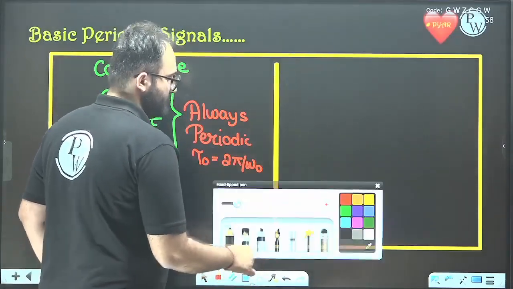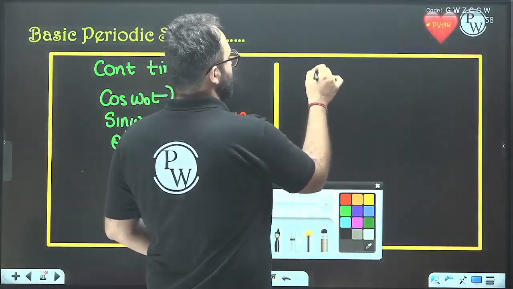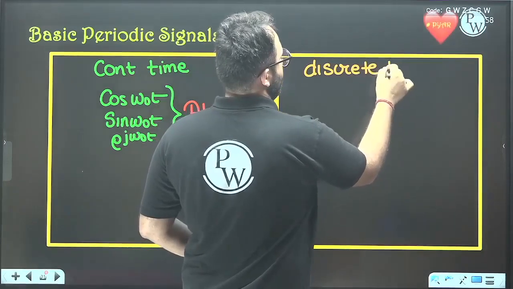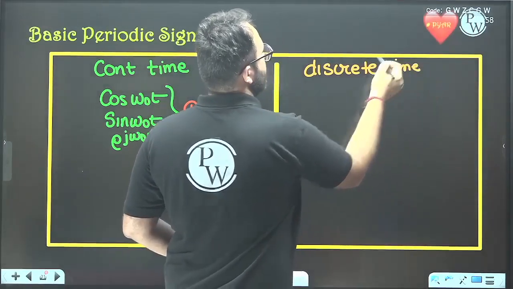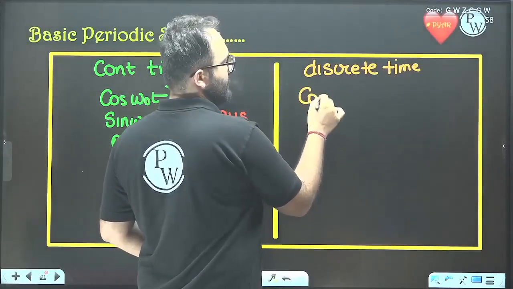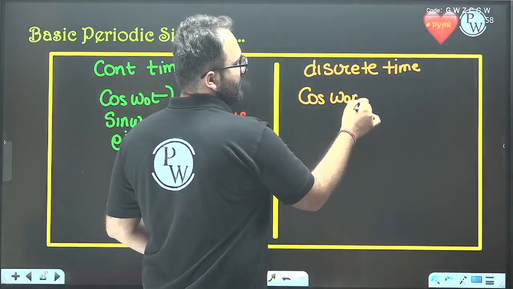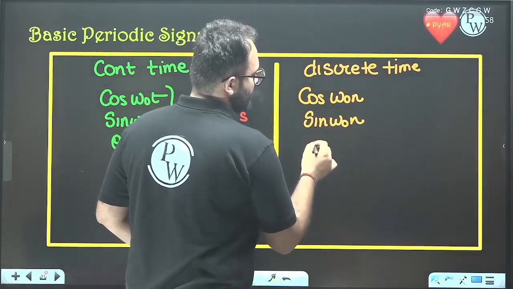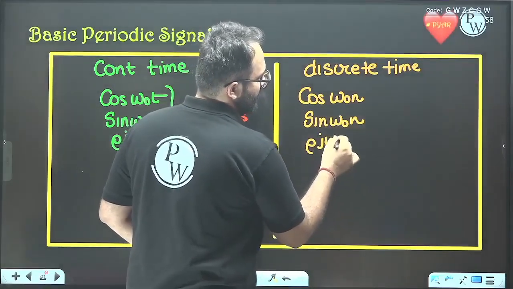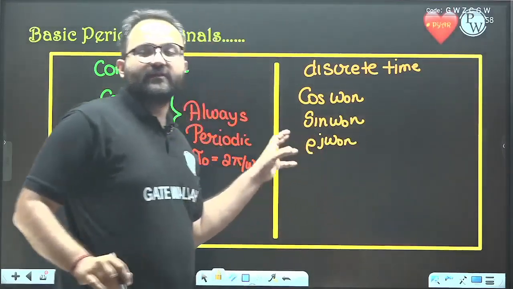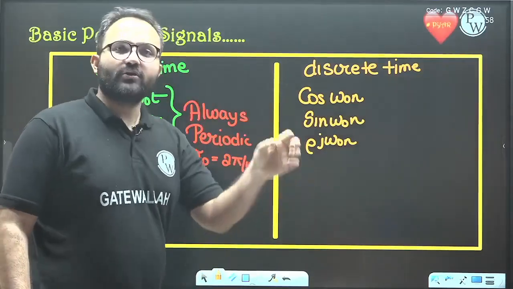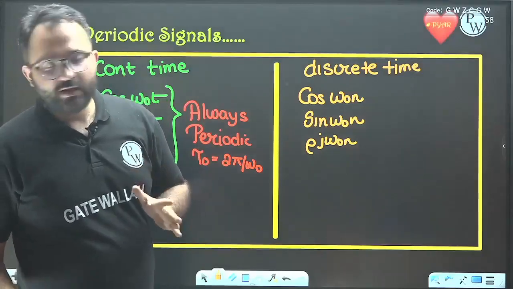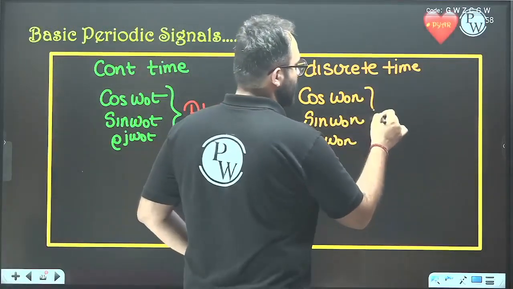But in case of discrete time, that is, the signals cos omega naught n, sin omega naught n, and e to power j omega naught n, these will be periodic only when omega naught has a pi term in itself. These are not always periodic.